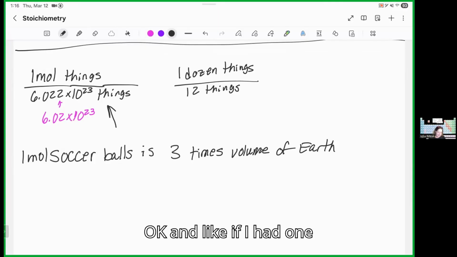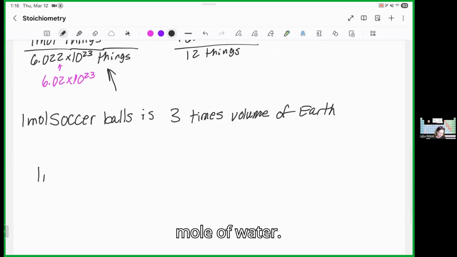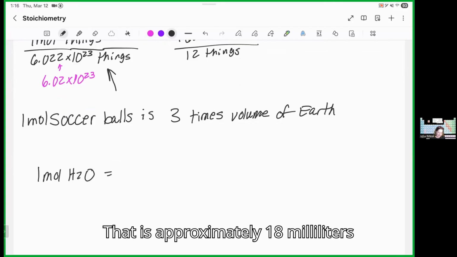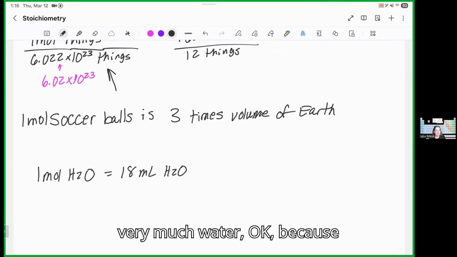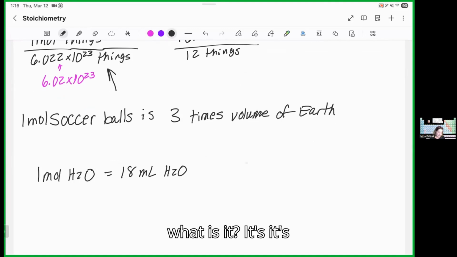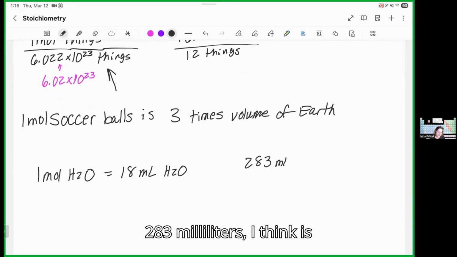Okay, and if I had 1 mole of water, that is approximately 18 milliliters of water, which is not very much water. Because what is it? 238 milliliters, I think, is a cup.